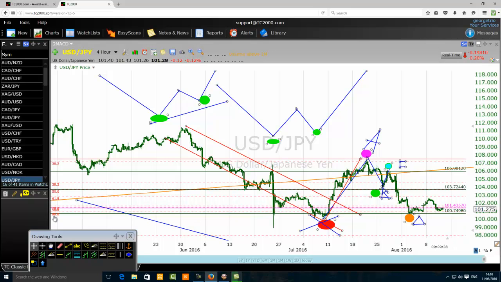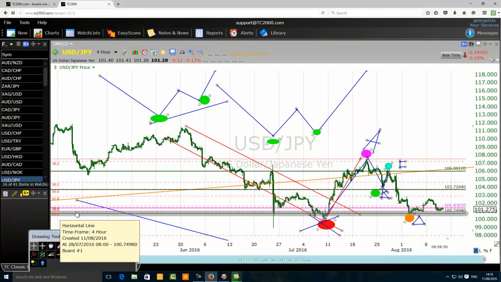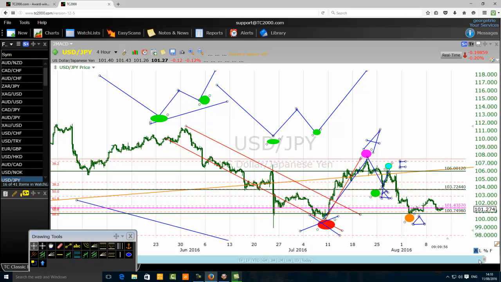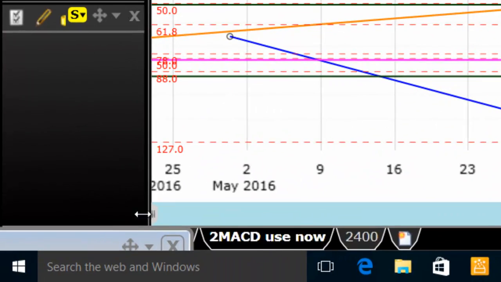Can you see 88.6%? You see, I do not use 88.6%. I use exactly the 88% level. I recommend traders to use exactly 88%. So if you see here, the price stopped exactly at the dotted red line. Hold on, please. Am I talking to myself?